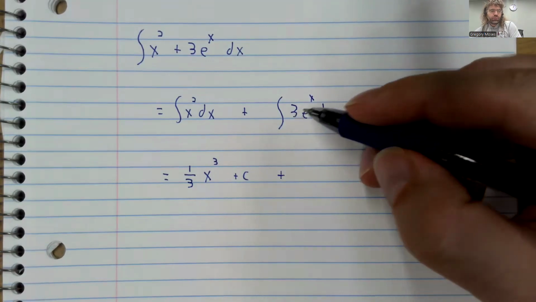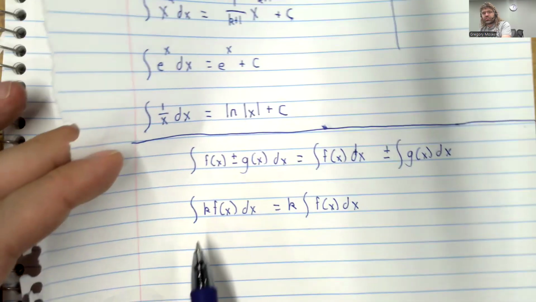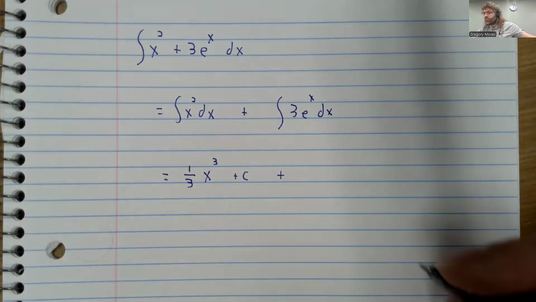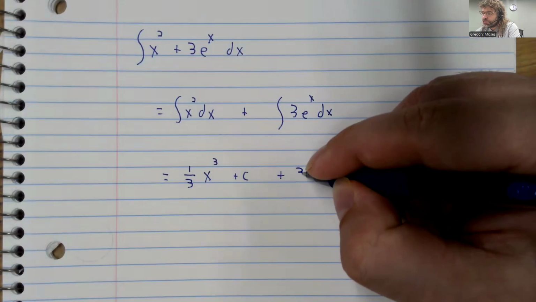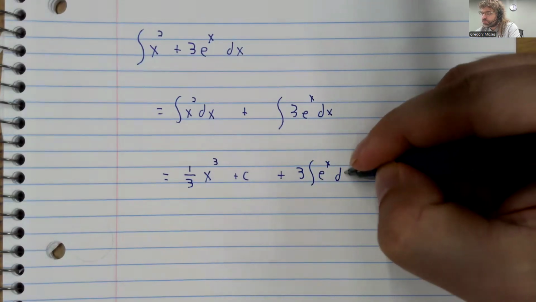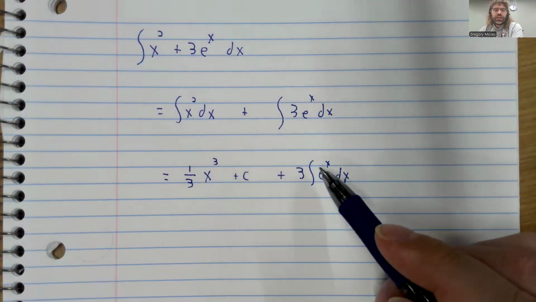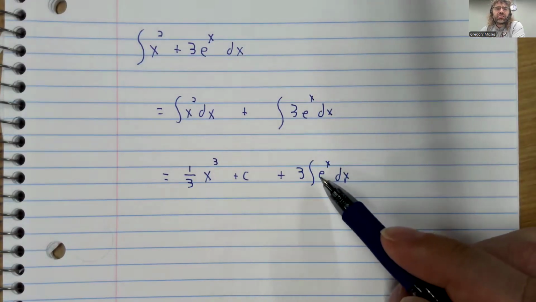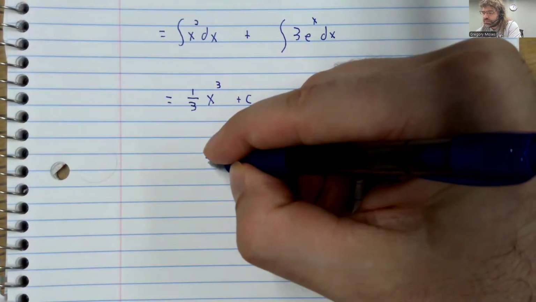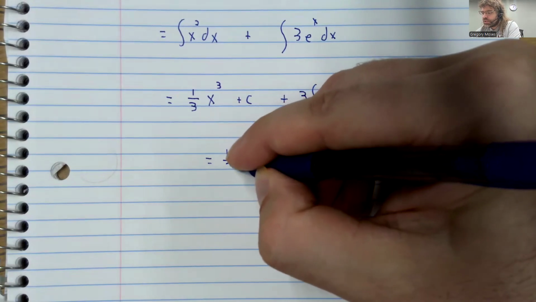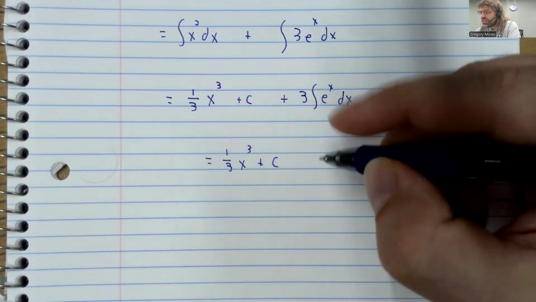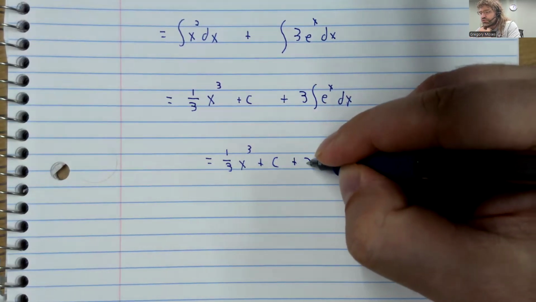According to the last rule I gave you, the 3 just pulls out. And the integral of e to the x is e to the x. 1/3 x cubed plus c plus 3.